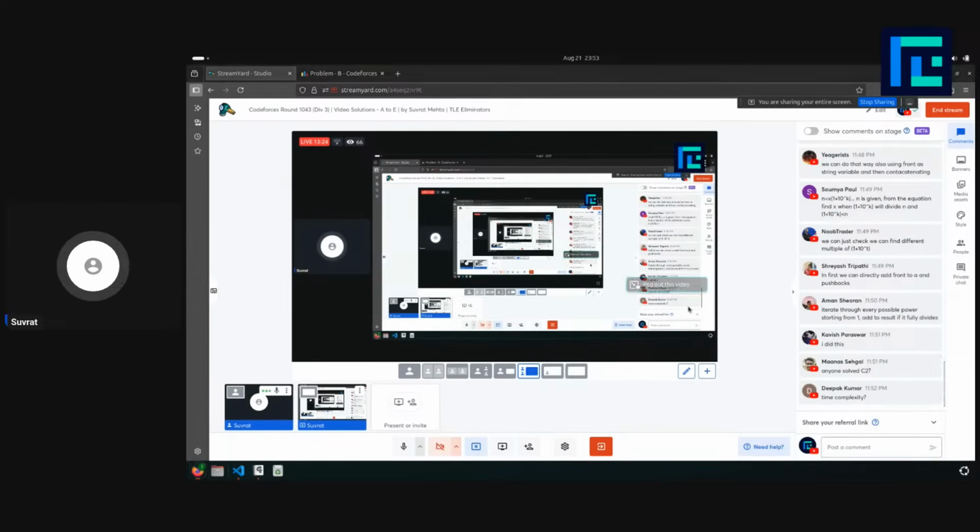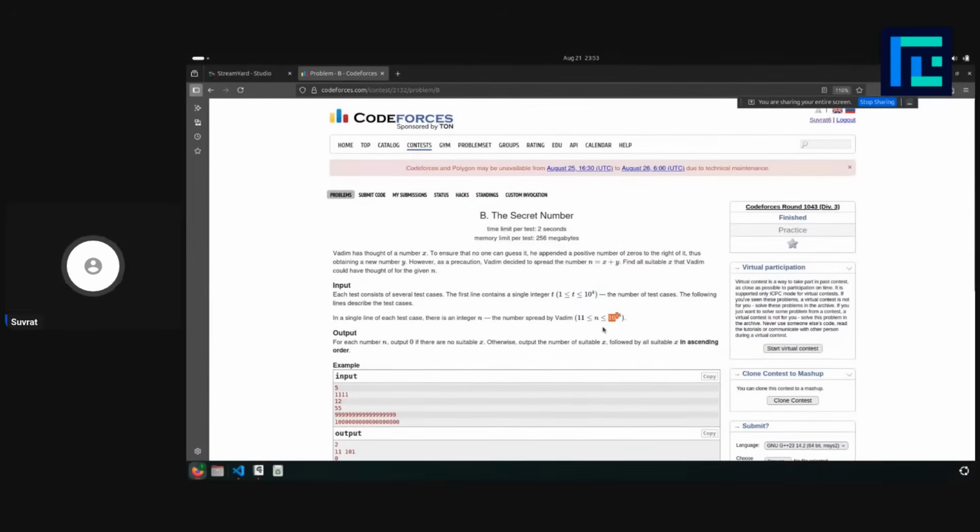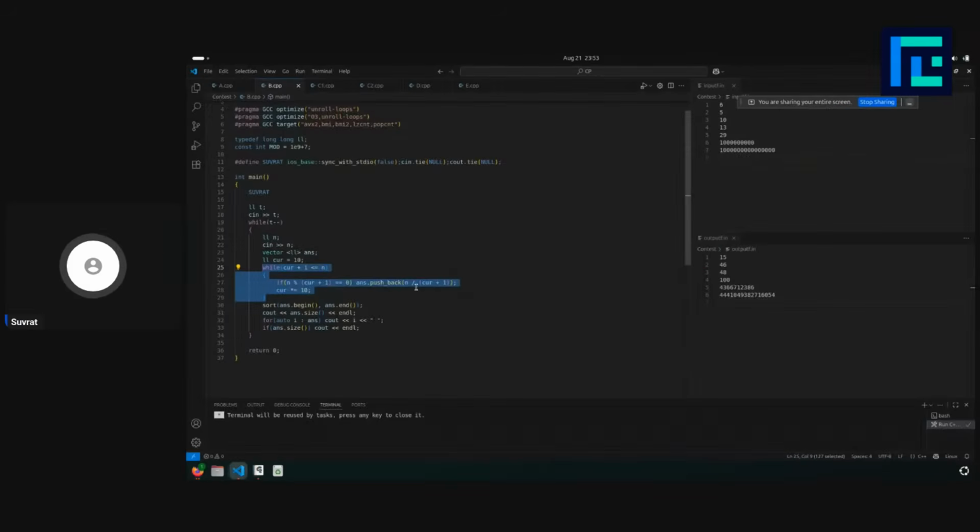Time complexity, basically this loop will run a maximum of 18 times, since after 18 iterations cur would be 10 to the power 19, which will be obviously greater than n, because n is given less than equal to 10 to the power 19. So a maximum of 18 iterations can occur in this loop.